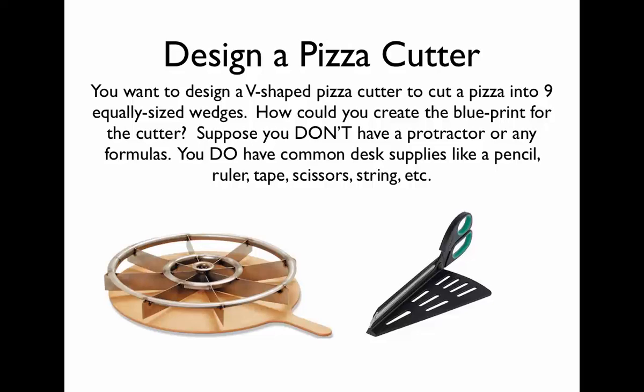Get a partner and think through a strategy. Write out the steps that you would do in order to make a blueprint for this pizza cutter to get 9 equally sized wedges. Okay? Go.